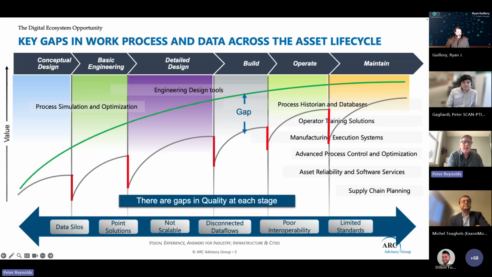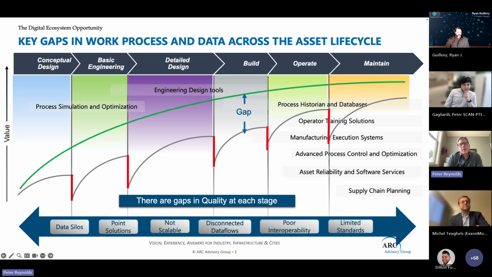It starts in pre-feed or FEL1 or FEL2 throughout a project. And that data eventually goes into detailed engineering and construction and build. And ARC as a company, we work with asset owners to understand challenges and do benchmarking studies, but we also do market analysis research of what's happening with various products.